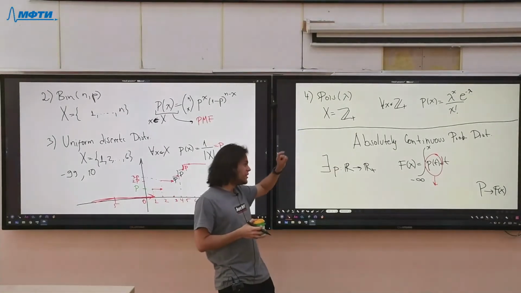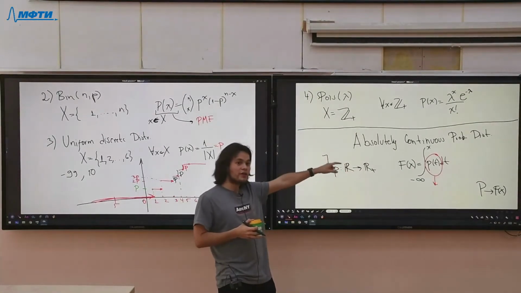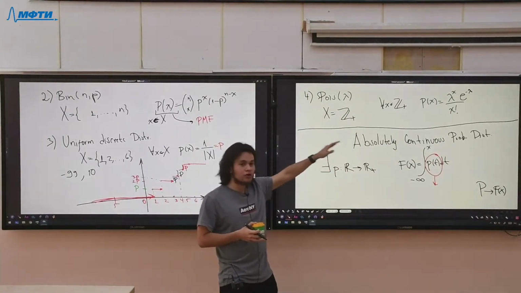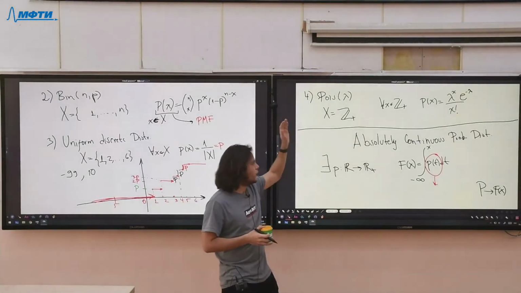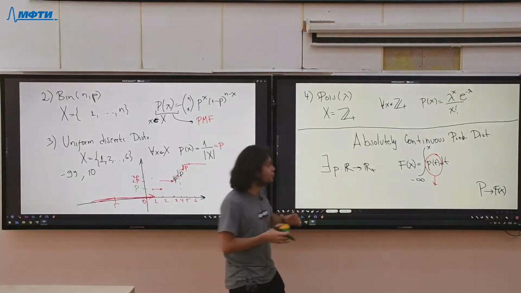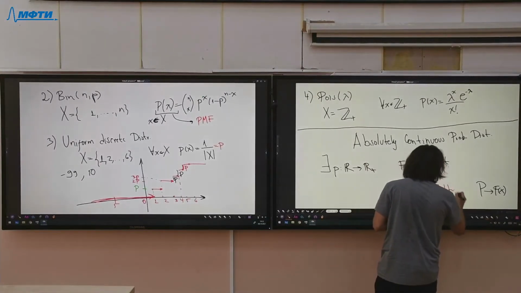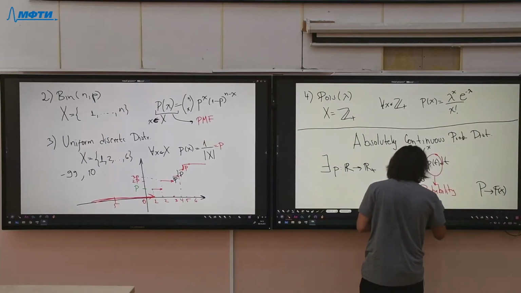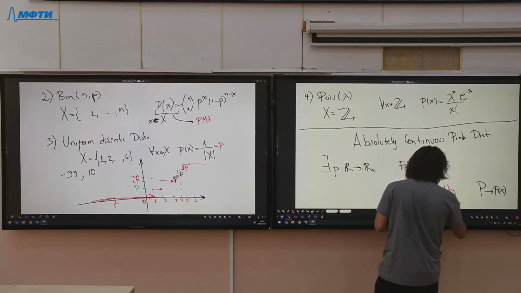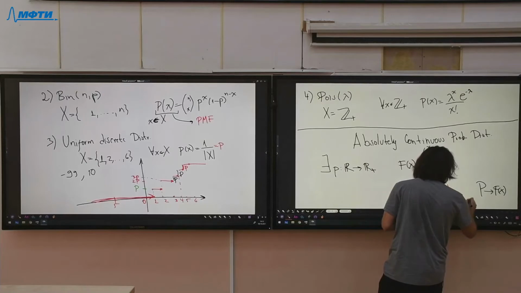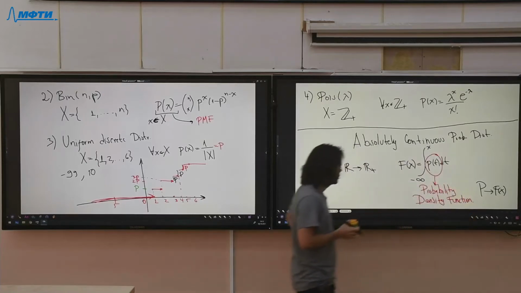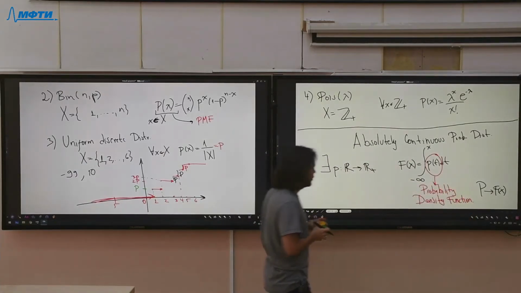And if this function exists, then we call this an absolutely continuous random variable or an absolutely continuous probability distribution, and this is called the probability density function, or the PDF.